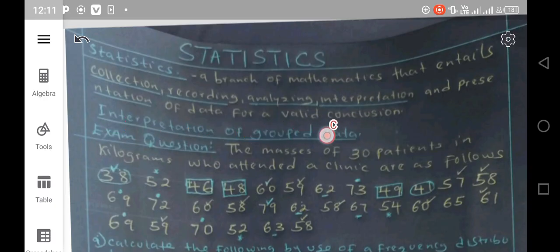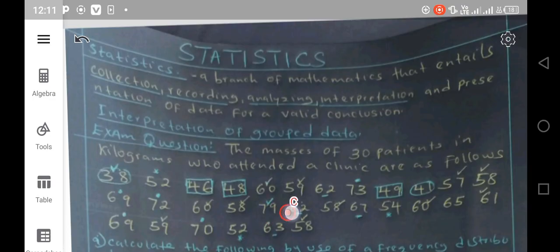The grouped data is, for example, that we have said, we can have exam questions. The masses of the patients in kilograms who attended the clinic are as follows. We have 52, 46, 14, 60, 59, 62, 73, 49, 41, 57, 58, 69, 72, 60, 58, 59.